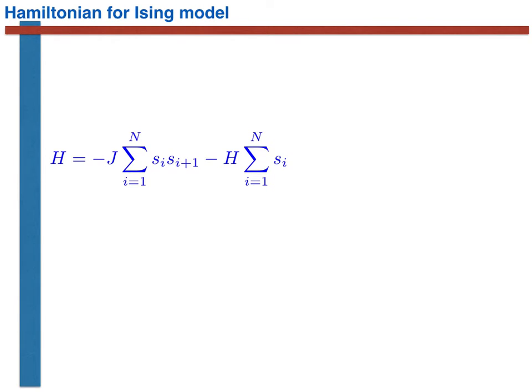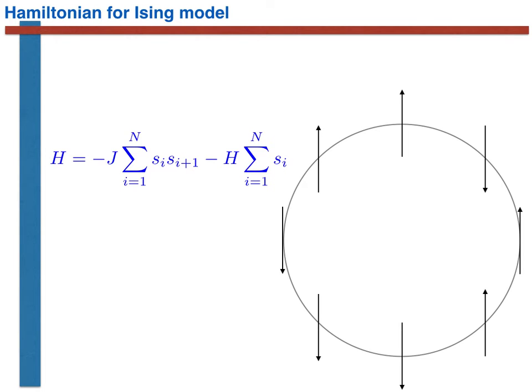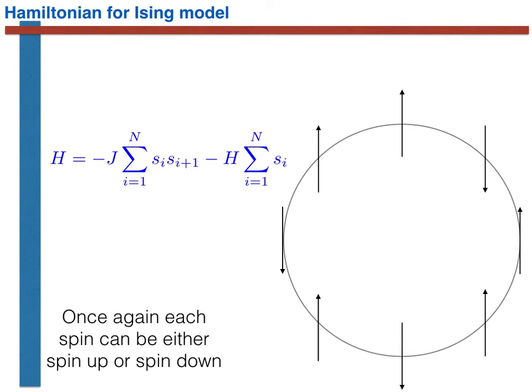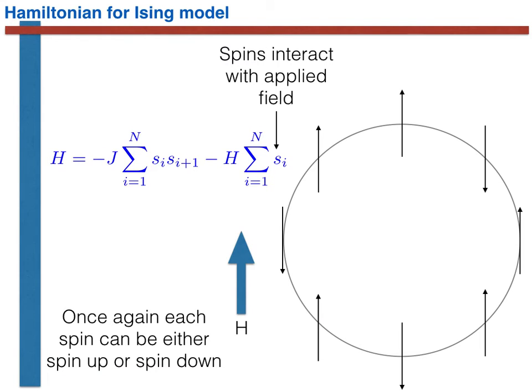Without further ado then, let's apply this method and use it to study the closed one-dimensional Ising model. Remember that in the closed one-dimensional Ising model, we have a collection of spins arranged on a ring as shown here. Each of these spins can be in one of two states, either spin up or spin down. The Hamiltonian for this system has a term that describes the interactions between these spins and the applied magnetic field H, and a problematic term that describes the interactions between spins.